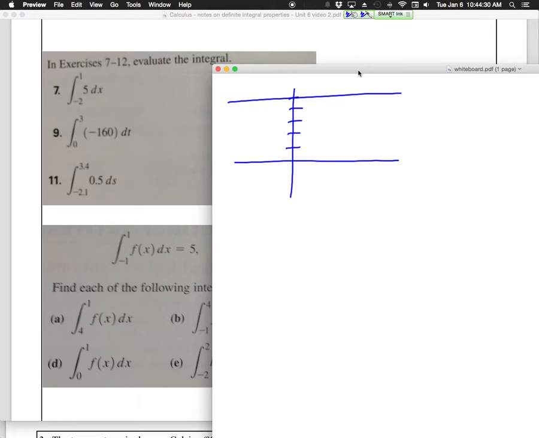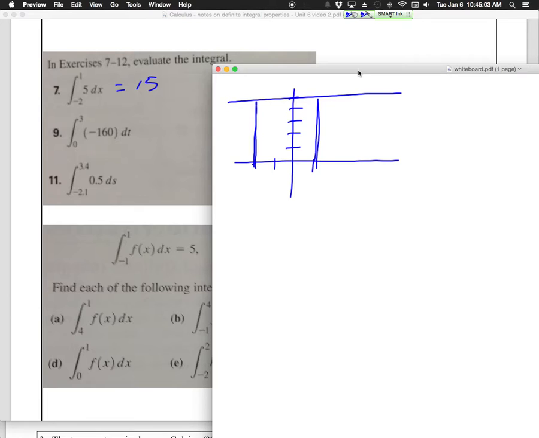What do the limits tell me? -2 to 1. So what's the area under the curve going to be? 3 times 5, 15. Because we're going from -2, which is right here, to 1, which is right there. So my area under the curve is just that rectangle. It is 3 wide and 5 tall, so that area is 15.